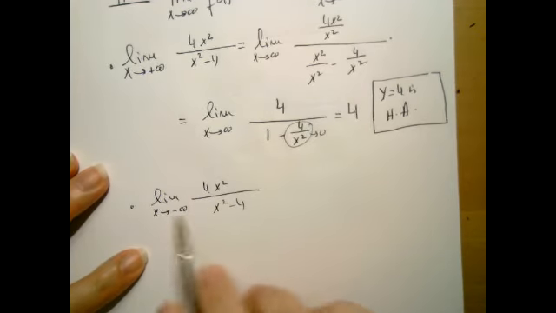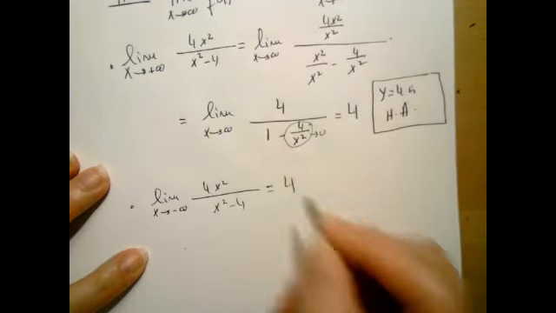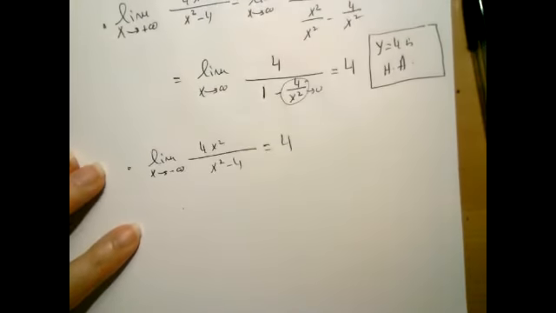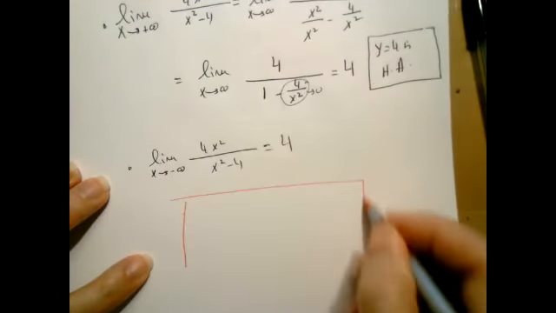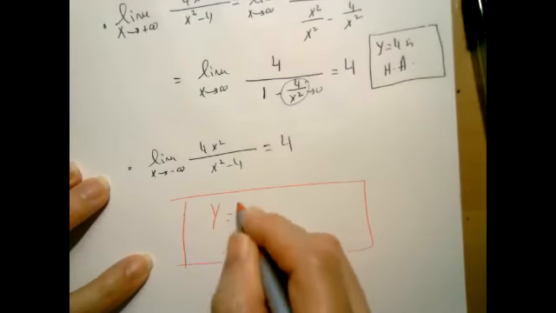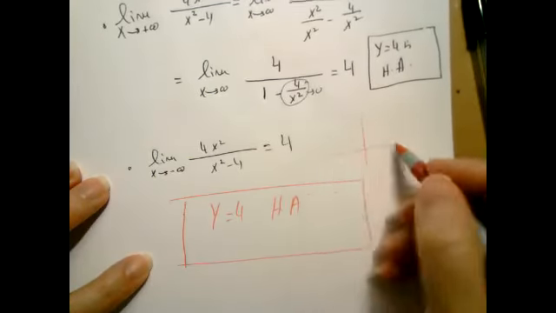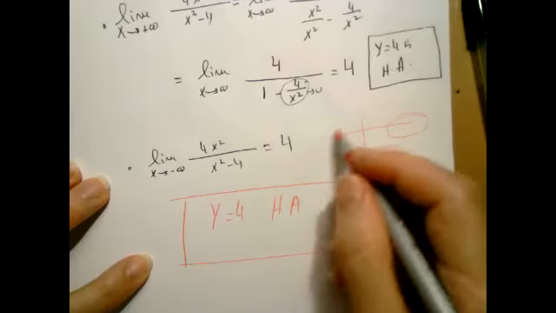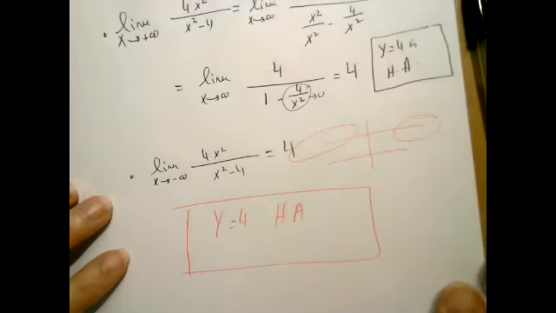From minus infinity, I can do the same analysis and I get 4. So my horizontal asymptote is y equal to 4, and that's the end behavior. That's really what's happening here. I keep this in mind because I will have to refer to every bit of knowledge I have.